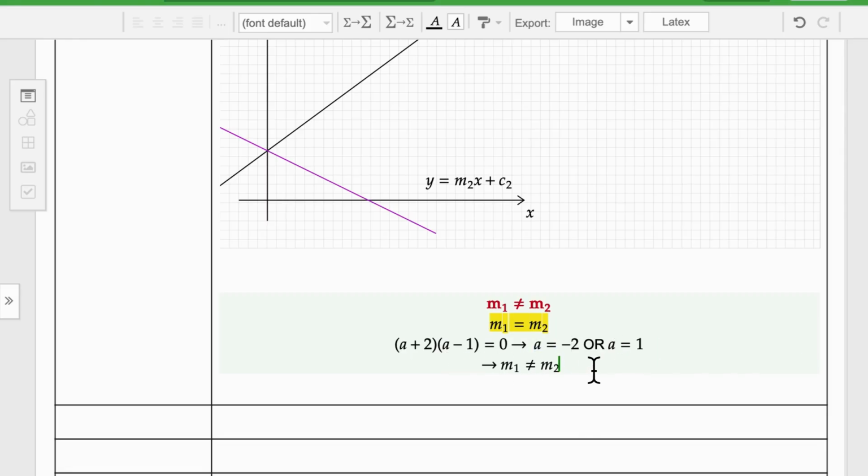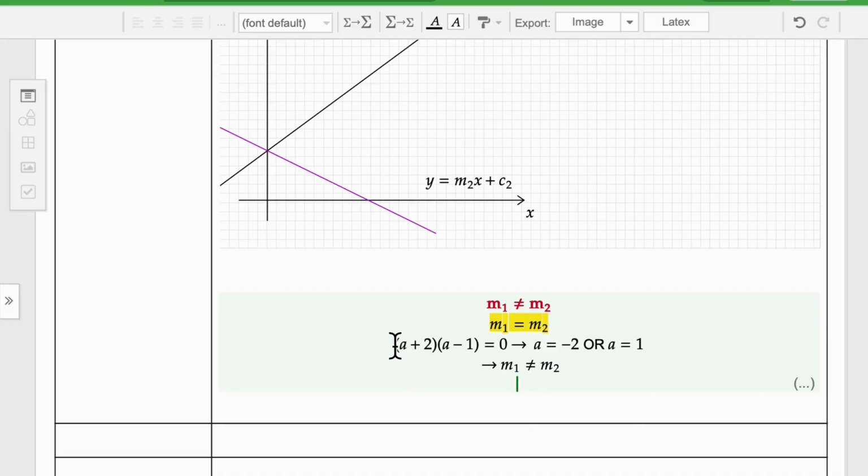Then what if I want this quadratic to not be 0? How can I select the value of A to make this quadratic not be 0? As long as A is not -2 and not 1, the quadratic here will not be 0.